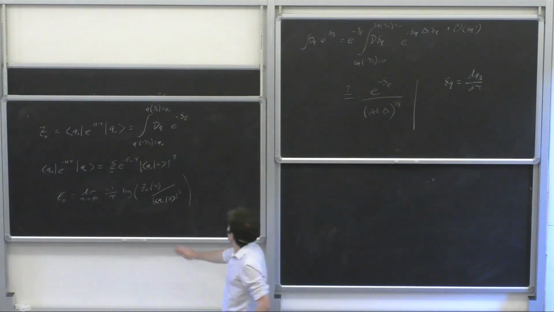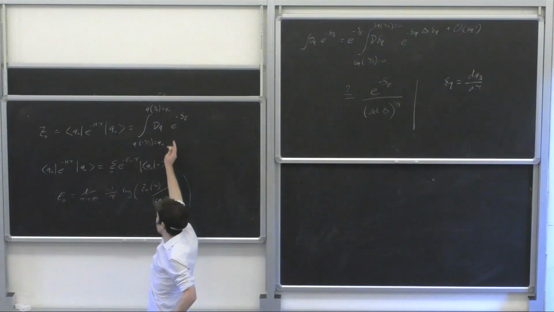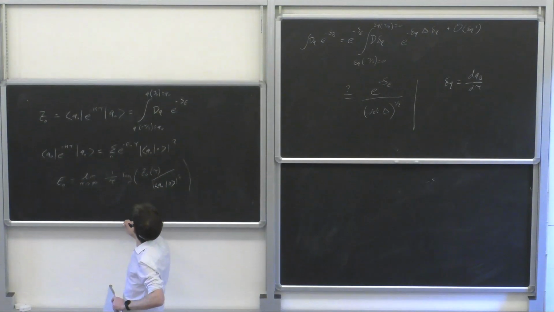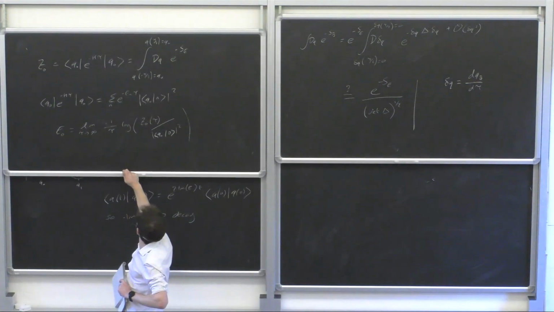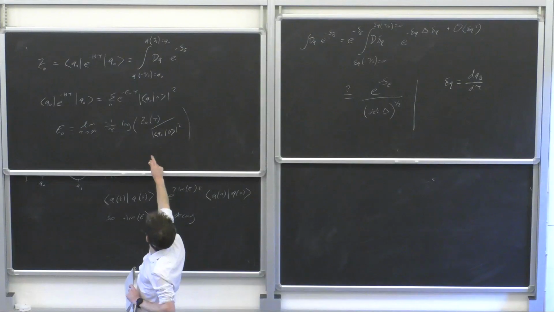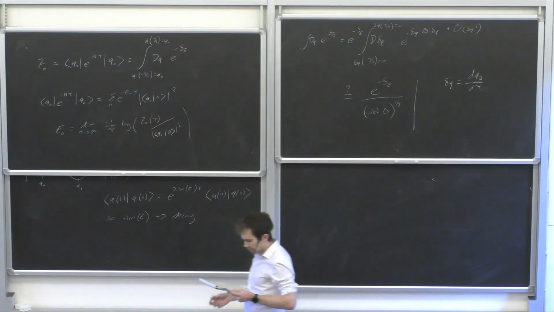So now we need to know which trajectories can give sizable contributions to the right-hand side of this expression for Z0, so that in turn we can work out E0.